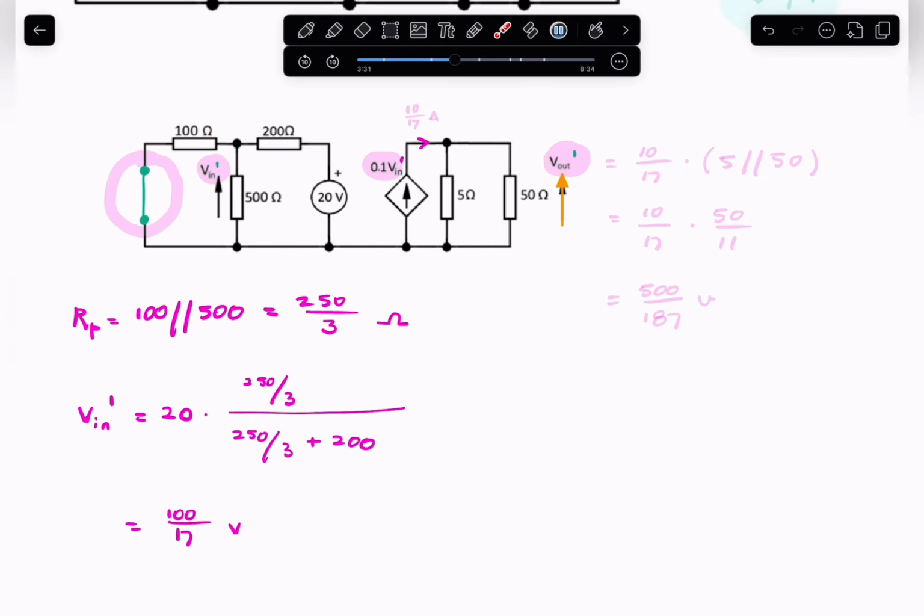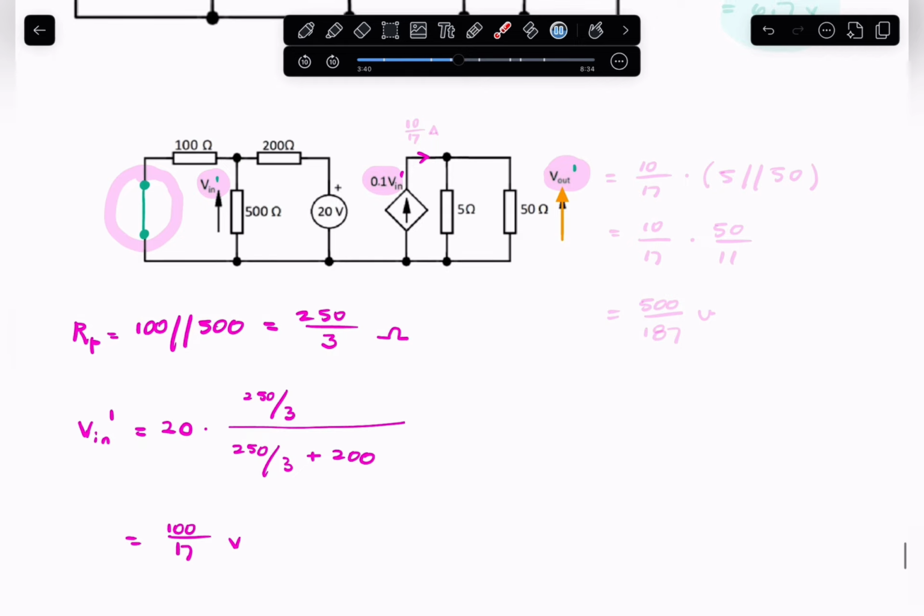Now we know V in dash, we can find the current in the dependent current source, which is 0.1 times V in dash. So 0.1 times 100 over 17. So that's 10 over 17 amps. And that's going to pass through the parallel equivalent of the 5 and the 50 ohms.